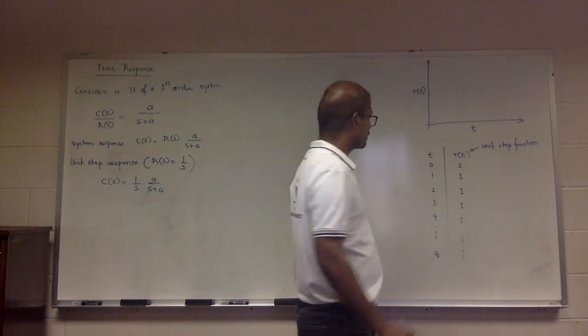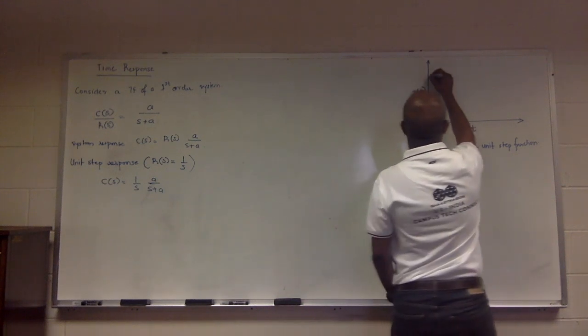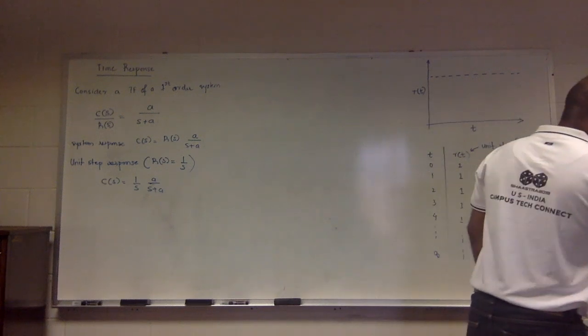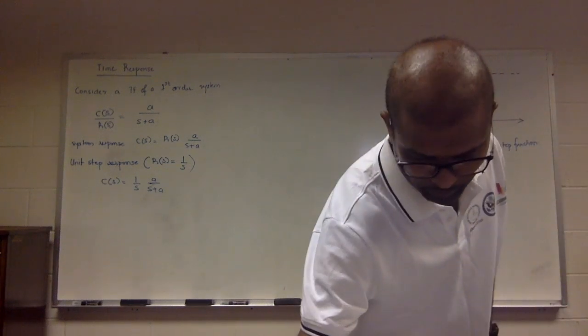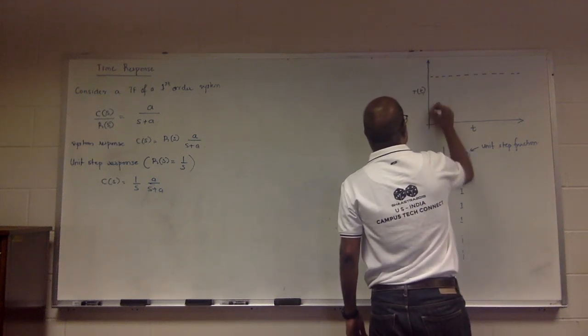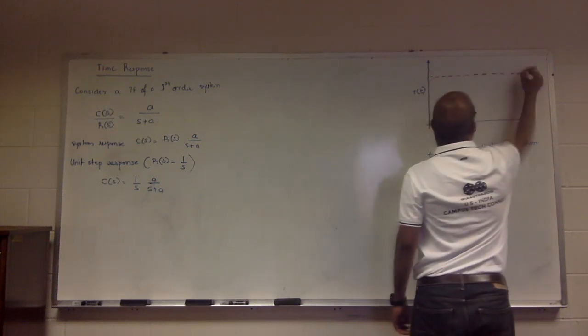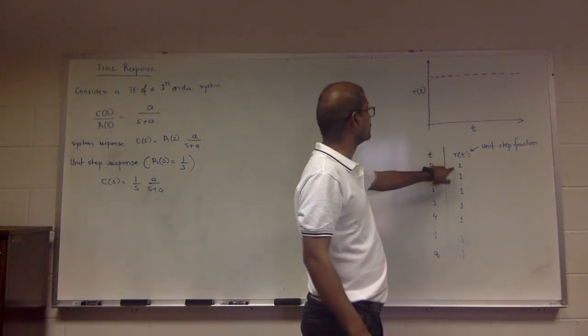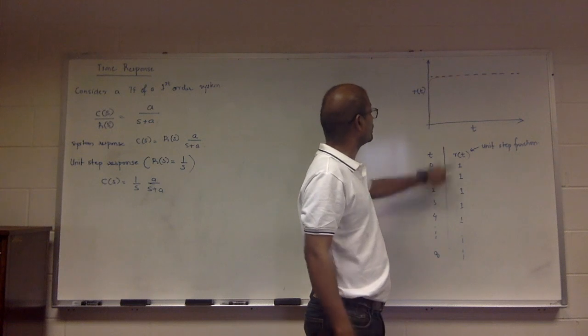Got it? So if you plot this, you're going to get this. Because you see, at t equal to 0, it's 1, right? At t equal to 1, it is 1, 1, 1.